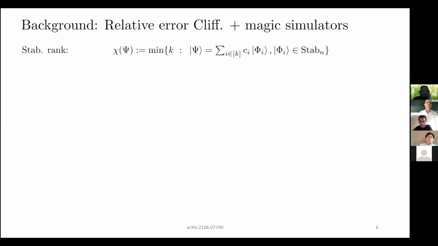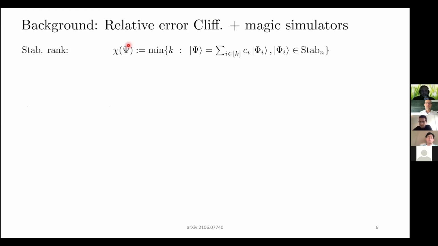And so with this idea, this notion of stabilizer rank was formalized by Bravyi-Smith-Smolin and then Bravyi-Gosset, and it's defined as follows.